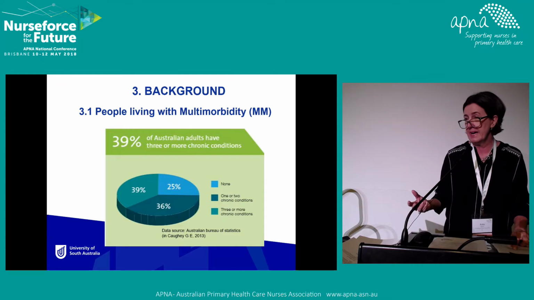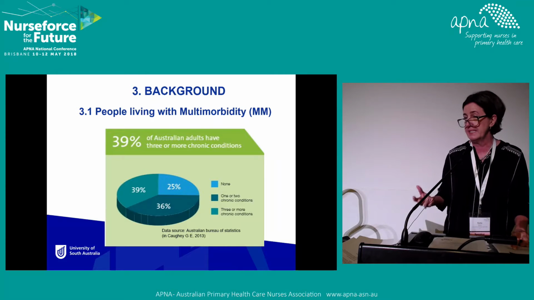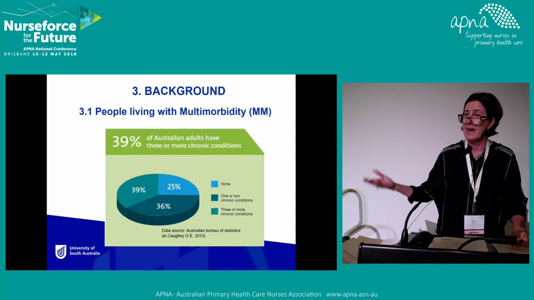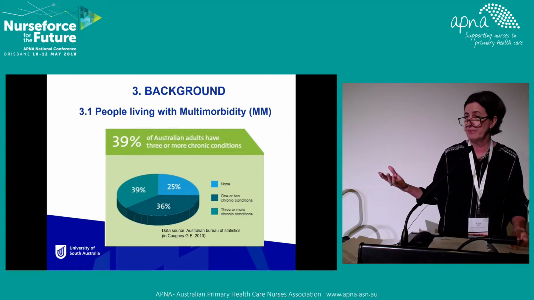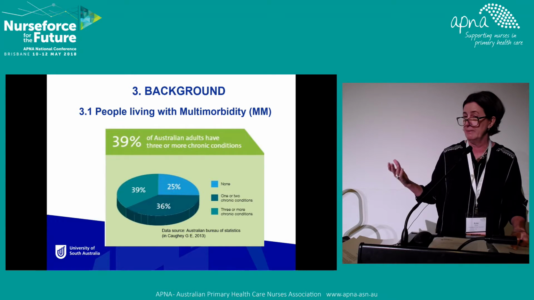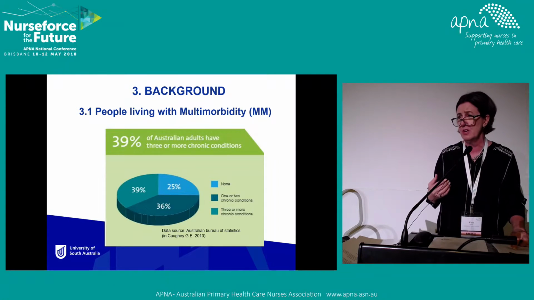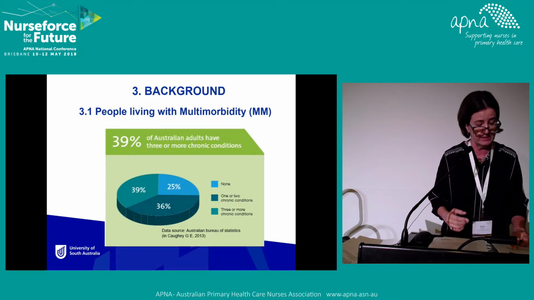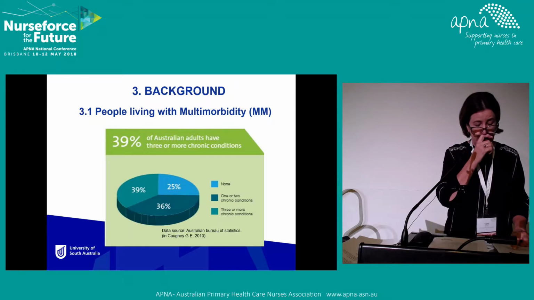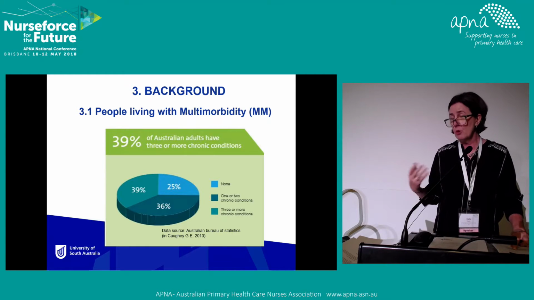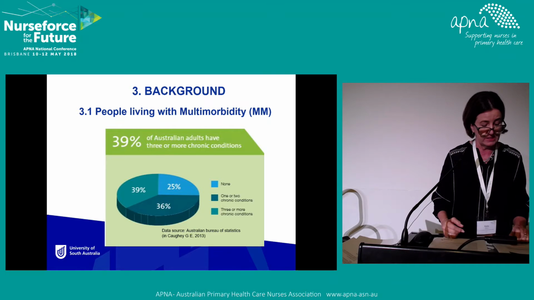And then there are younger adults with complex disability and multimorbidity, and where I am as well, we get the children transferring from the children's hospital into the adult sector, and that opens up a whole Pandora's box of complex health needs that need to be met in a very different way from what they're used to in the children's system. And then, of course, there are the older adults with complex chronic disease.